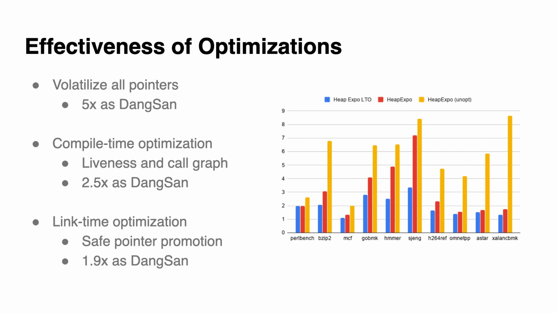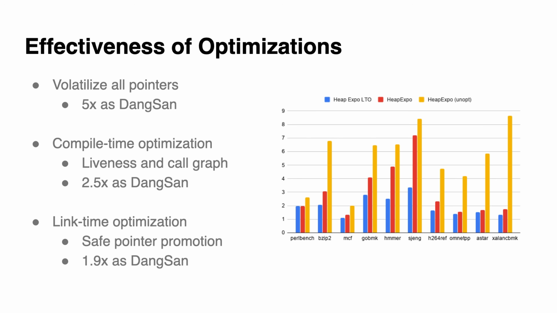Here we assess the effectiveness of our optimization techniques. Without any optimization, we volatilize all the pointers. We would have 5 times instrumentation as Dense. With optimization turned on at compile time, including the liveness and the call graph analysis, we will only have 2.5 times as Dense.